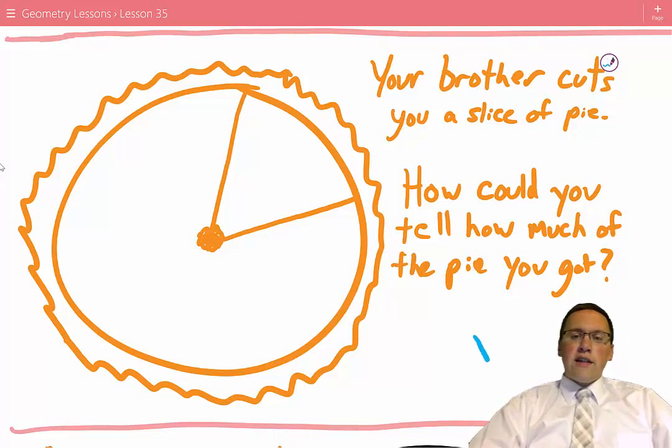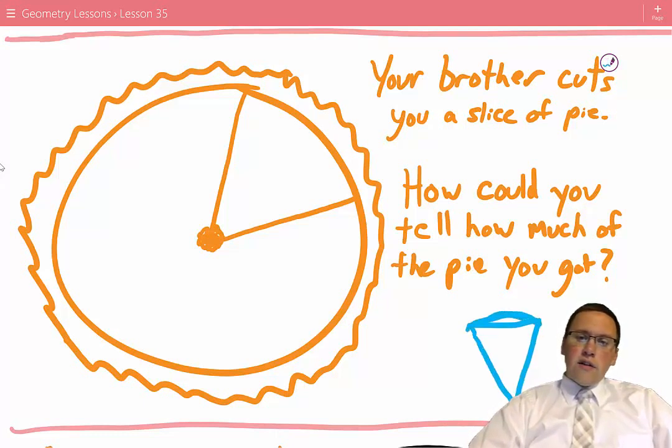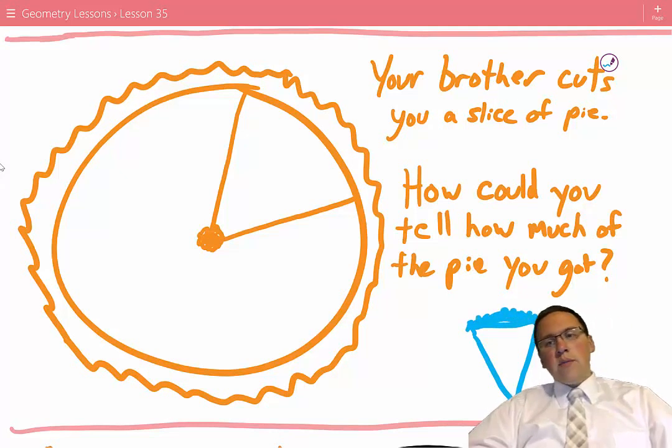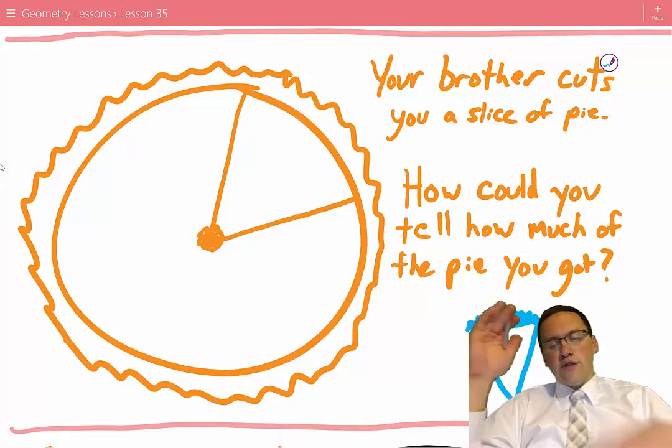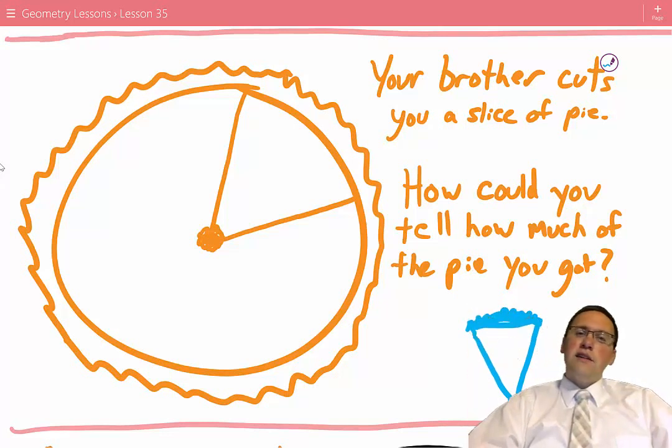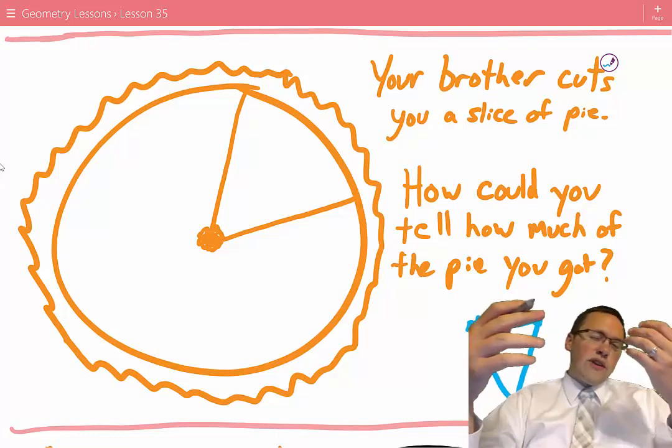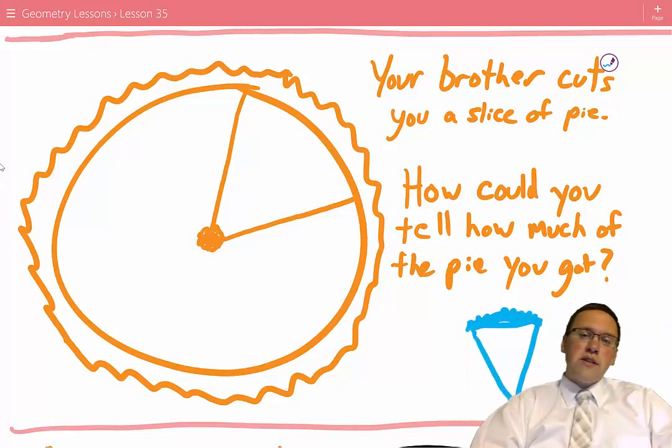What if you only had the piece of pie? Is there an angle you could measure? Would you use a tape measure? What do you think? What would be the easiest way to figure out, if you just had the slice of pie, what percentage or what fraction of the pie you got?